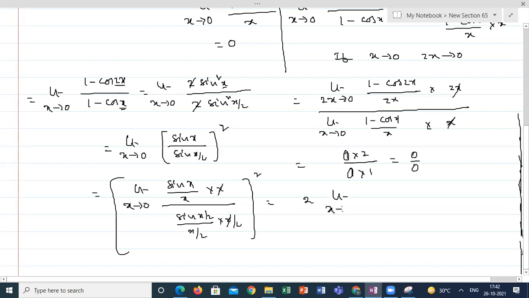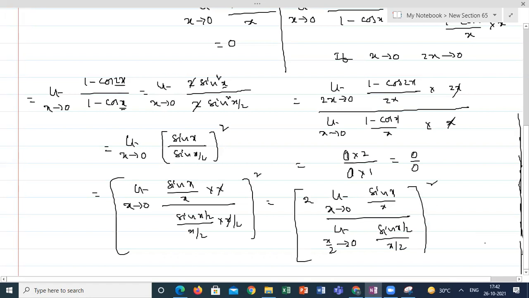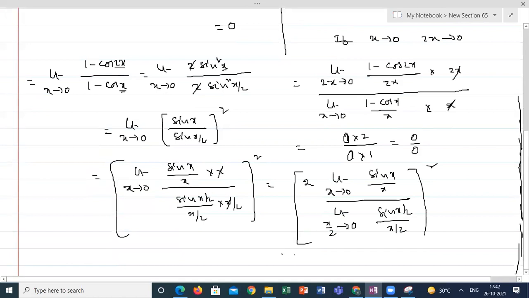Limit x tends to 0, sine x by x divided by limit x tends to 0, sine x by 2 by x by 2 whole square. So this will be 2 into 1 by 1 whole square. The answer is 4. This is the answer.